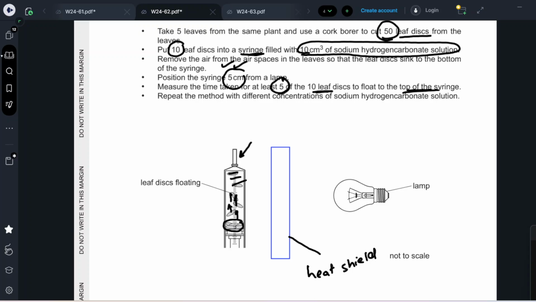When there are 5 discs at the top, I will measure the time taken. Repeat the method with different concentrations of sodium hydrogen carbonate. I want to change the carbon dioxide concentration, so I will change the concentration of sodium hydrogen carbonate.